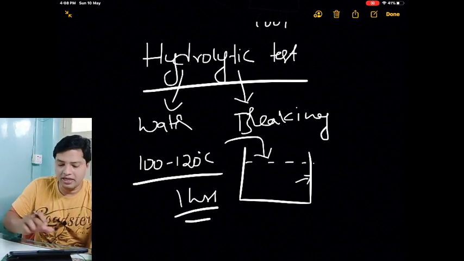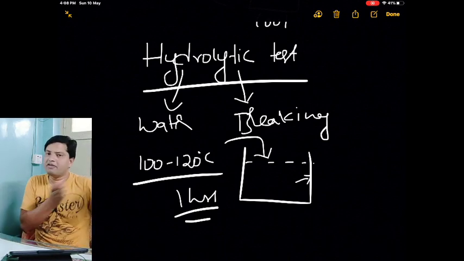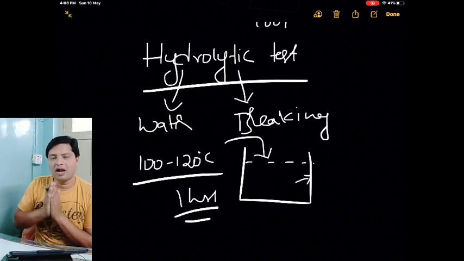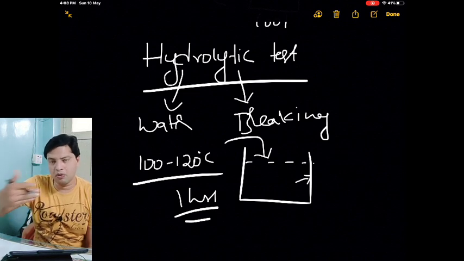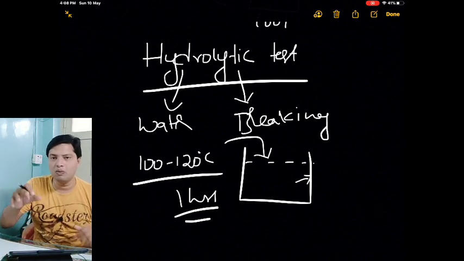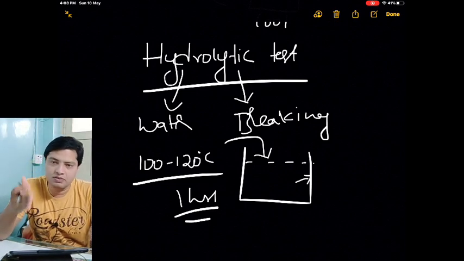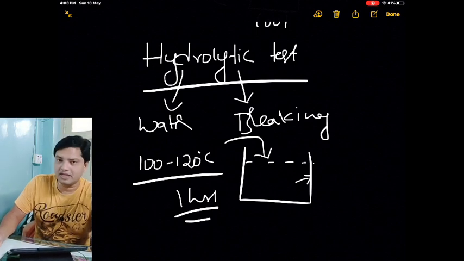Hence the name hydrolytic. In the previous test we kept it for less time. Here the only difference is that we keep it for more time. So temperature is more, time is more, and obviously water will penetrate and leach or break the chemicals present at the surface, which would not happen in the previous case.